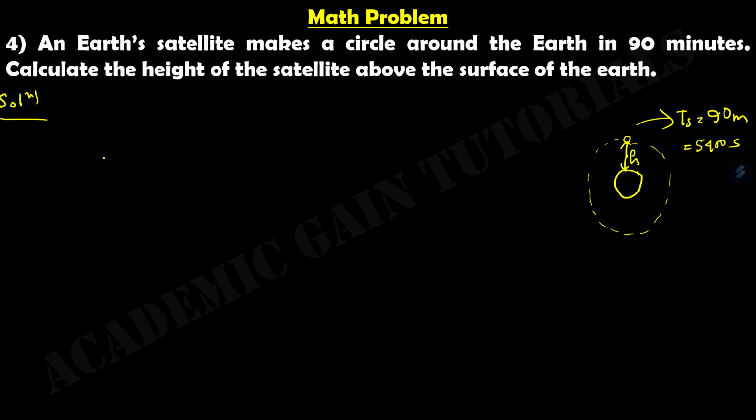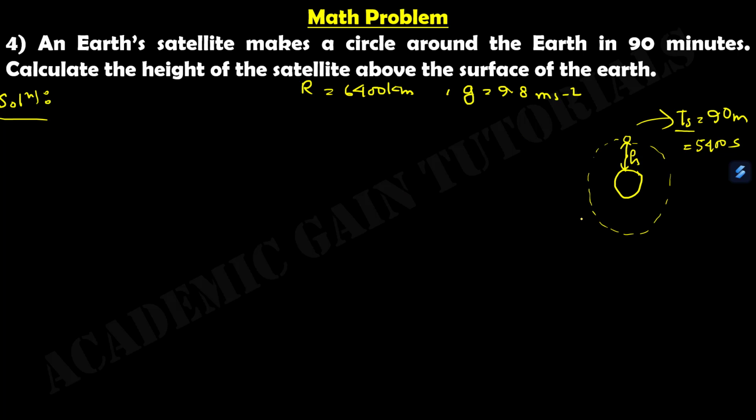Okay, so we know the equation. Oh, there are two pieces of additional information given. One is the radius of our Earth, r, which is 6400 kilometer, and our gravitational acceleration g is 9.8 meter per second square. Here our time period is 90 minutes or 5400 seconds.